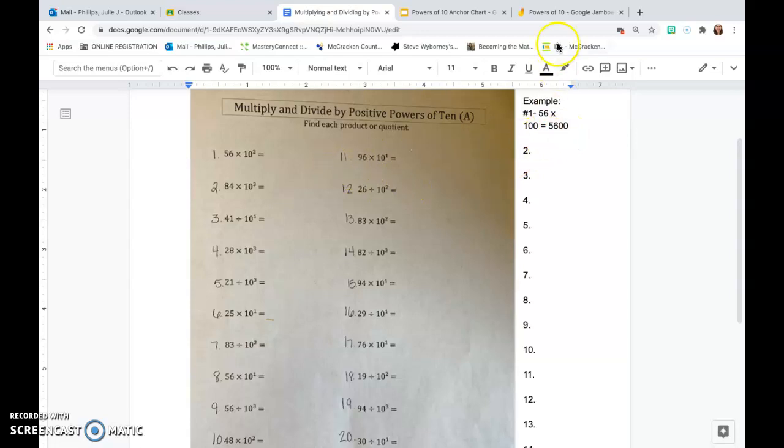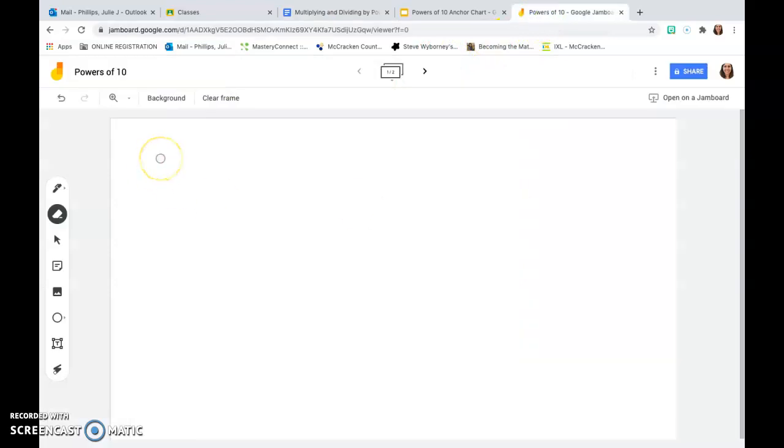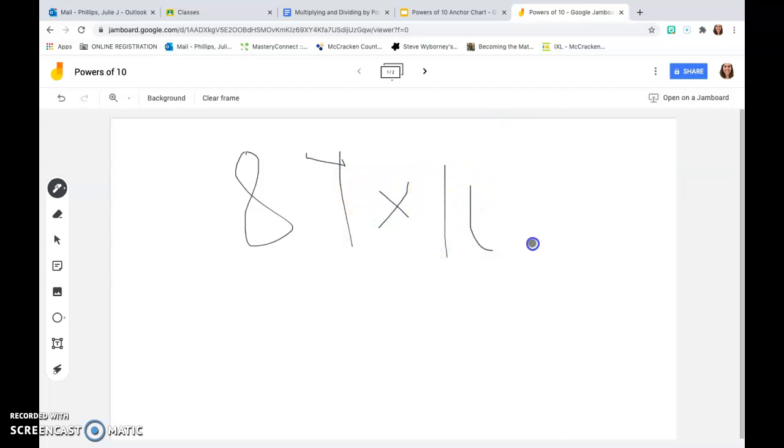We're going to do number 2, and I'm going to switch back and forth between a whiteboard that you can see and my paper so that we can see the problem. So this number 2 we're going to do together says 84 times 10, and there's a little 3.